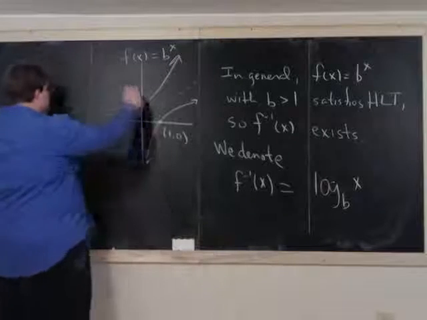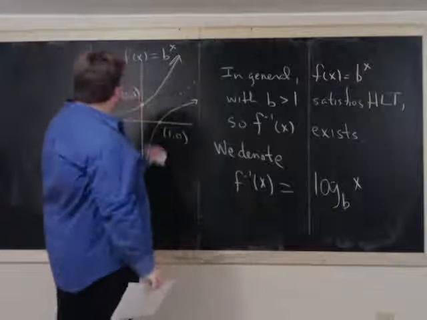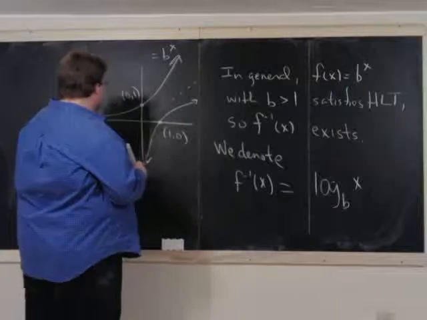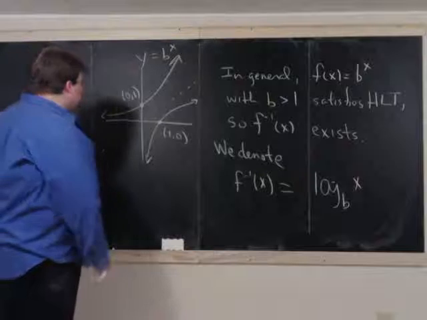I should have used the notation y equals b to the x up there. That kind of simplifies things, because you don't have to write a bunch of f's and g's and f inverses. So I'm going to call this just the set of points that satisfy y equals b to the x.